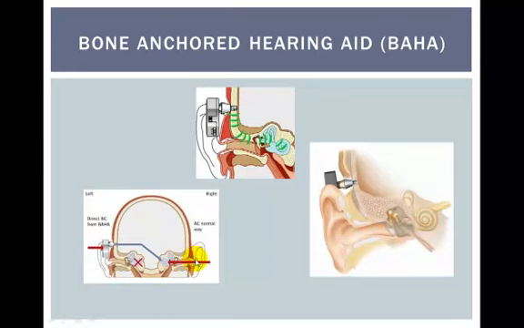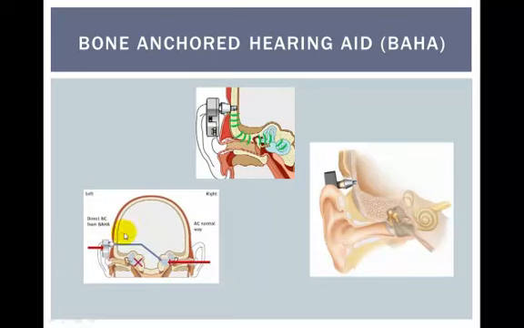This ear is getting sound through air conduction. It's saying air conduction the normal way, so through the ear canal, through the middle ear, directly to the cochlea. The BAHA would be put on the deaf ear for individuals who have single-sided hearing loss, deafness in one ear.